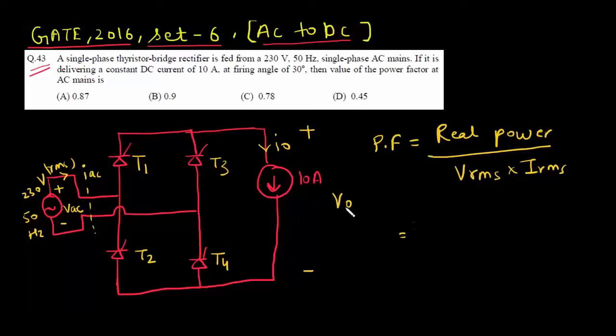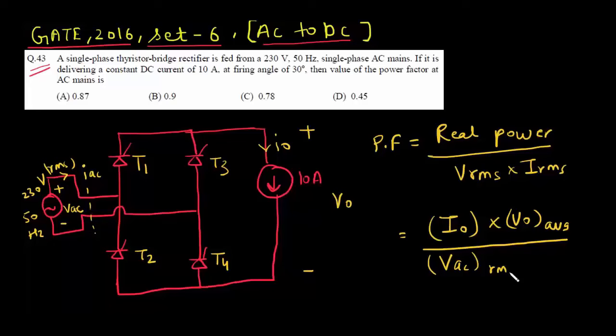So the real power consumed by the DC current source is I naught and V naught average, because I naught contains only DC component, so we have to consider the DC component of the output voltage only. Divide by VRMS into IRMS, so it is nothing but VAC RMS into IAC RMS. So this is the power factor expression.